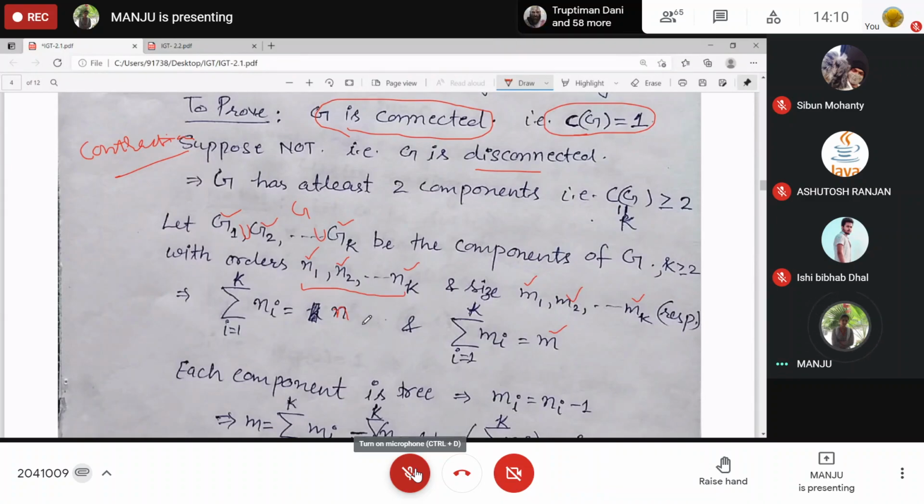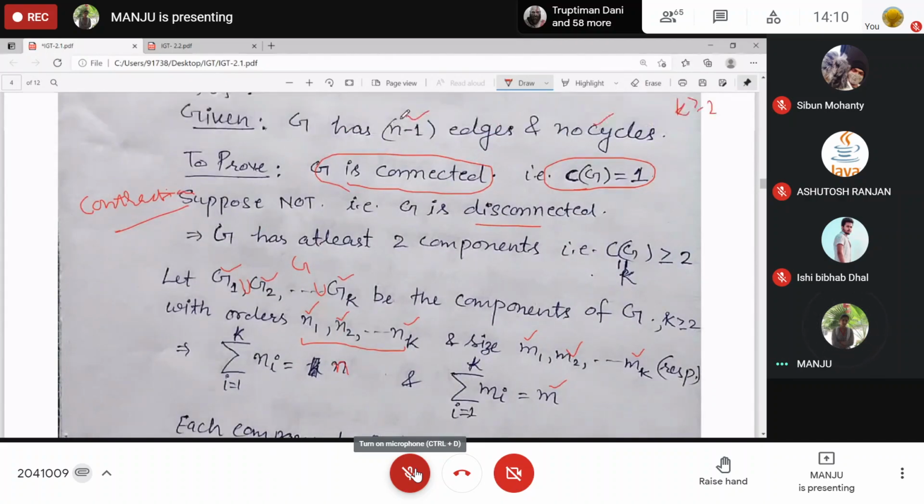Now, each component of G is a tree. Why is it? Each component is connected, right? A connected maximal subgraph, so connectedness is there. And it is given that G has no cycle, meaning its components also will not have cycles. Clear? Connected plus no cycle gives you a tree.